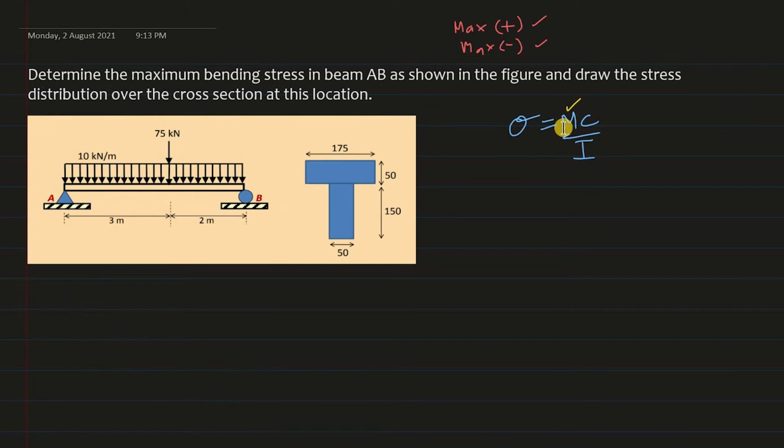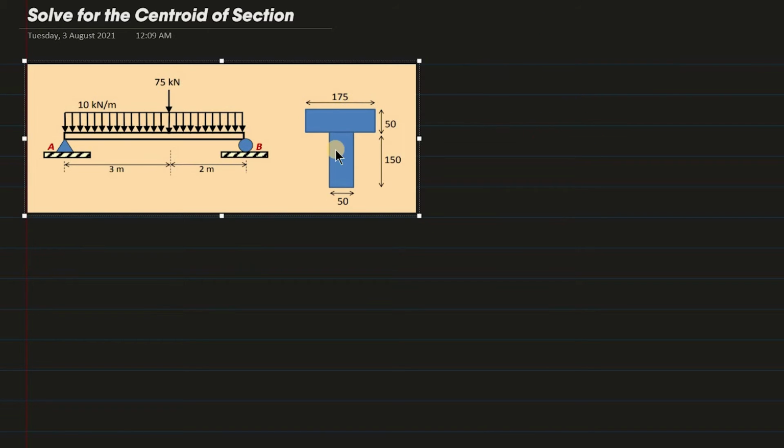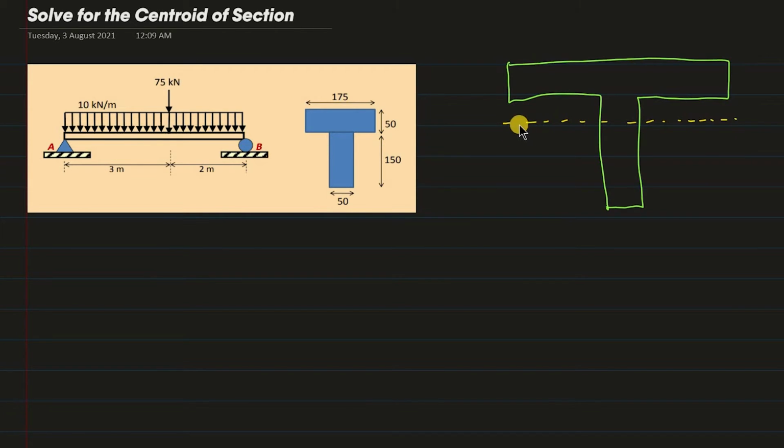So, nasolve na natin yung M. Check na yan. Okay na yan, no? Alam natin yung ating moment. Now, para ma-solve yung ating C at yung I, punta na tayo sa ating cross-section. Kailangan muna nating mahanap kung saan yung neutral axis or yung centroid ng section natin. Kung saan yung neutral axis niya. Itong location nito, okay?